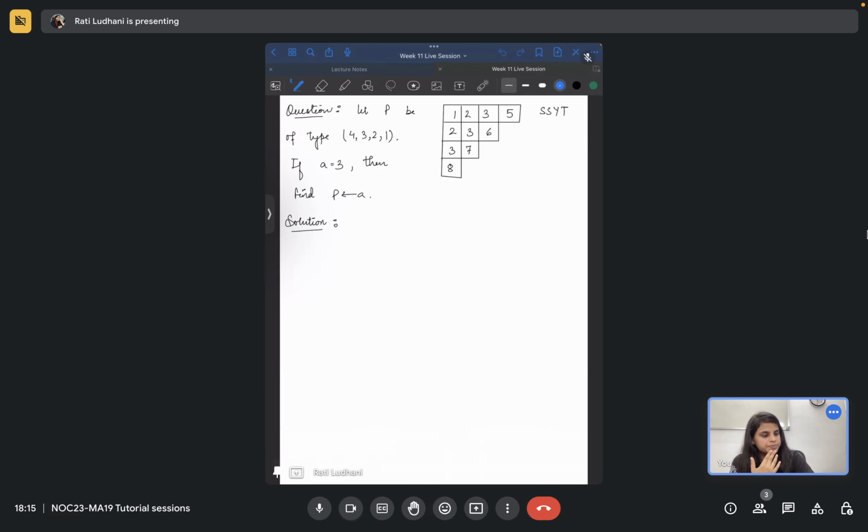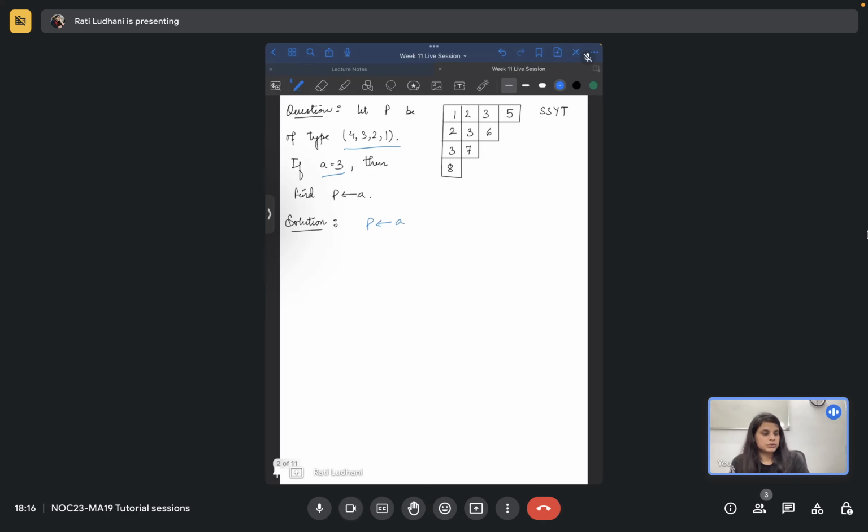P is a semi-standard Young tableau, which is of type 4321, which you can see here. So this is the type. Now if a is equal to 3, what will P inserted by a be?